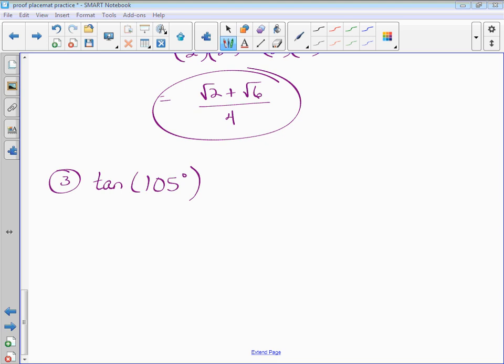What is tangent of 30 degrees or pi over 6? What is the tangent? Root 3 over 3. When it's 30 degrees or any of the over 6s, the tangent is root 3 over 3. Positive, negative, all of that.